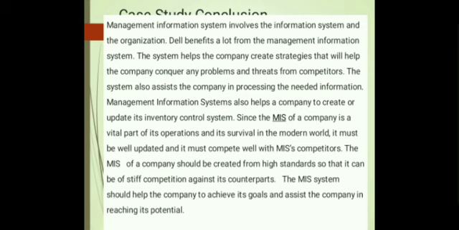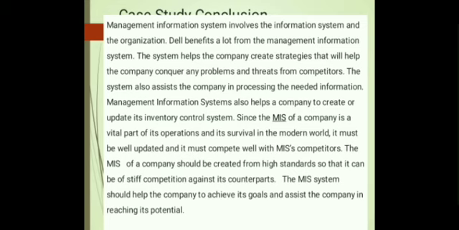The system helps the company create strategies that will help it overcome problems and threats from competitors, that is, they can take competitive advantage. The system also assists the company in processing the needed information. MIS also helps a company to create or update its inventory control system, since the MIS of a company is a vital part of its operations and its survival in the modern world.